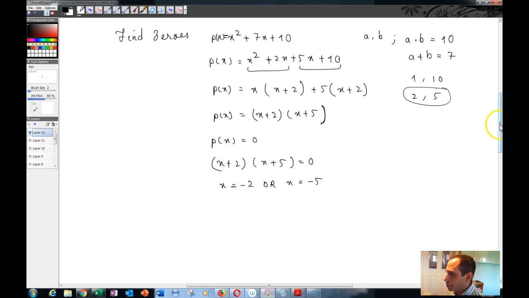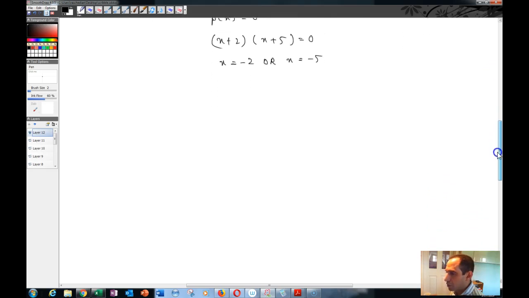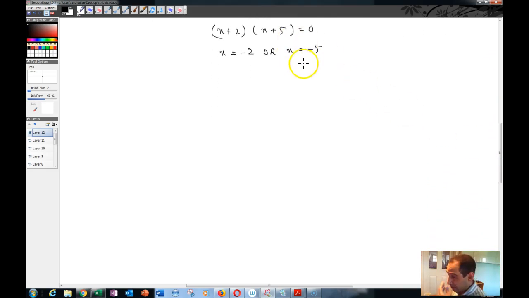Now, if you want to check the relationship between the zeros and the coefficients of the polynomial, we said that alpha plus beta was equal to negative b by a. Alpha plus beta is supposed to be negative b by a.